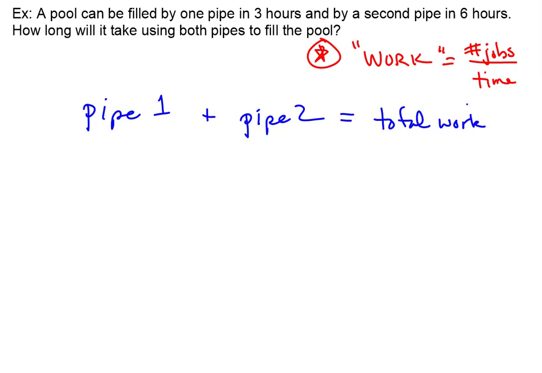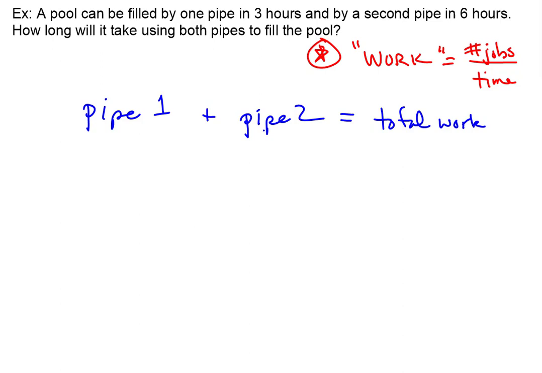Now, this is not the only way to set up these problems, but I think this way makes some sense, and so I like to use it, but there are some other ways you could set up an equation to get through a problem like this involving the same information. But here's the deal. We're going to use the work ratio, the jobs per time that we've defined above here, to represent the work of these pipes that's being added together since they're working in the same direction to fill up this pool.